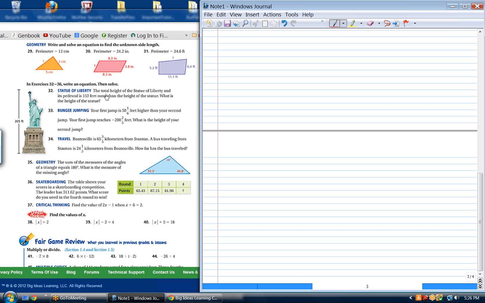Let's look at our Statue of Liberty problem here. The total height of the Statue of Liberty and its pedestal is 153 feet more than the height of the statue. What is the height of the statue? Okay, there's the pedestal, there's the statue. So let's write it as an equation.